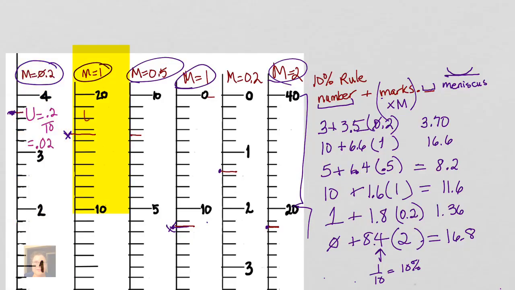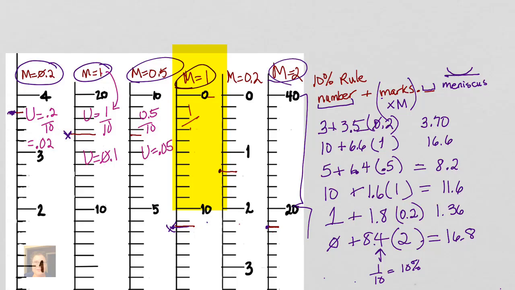The uncertainty on this device is going to be 1 over 10, where again I'm taking the marked value, dividing it by 10, which means my uncertainty is 0.1. 0.5 over 10 gives us an uncertainty of 0.05. 1 over 10, again, whatever your marked value is, divide it by 10, means that this one is good to the 0.1. 0.2 divided by 10 gives us an uncertainty of 0.02. 2 over 10 gives us an uncertainty of 0.2.